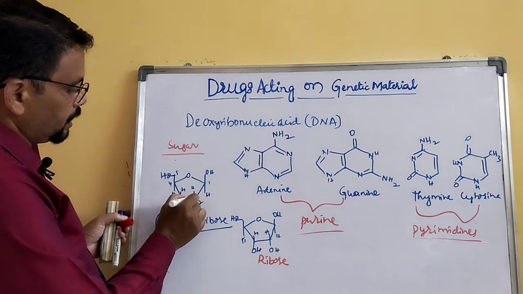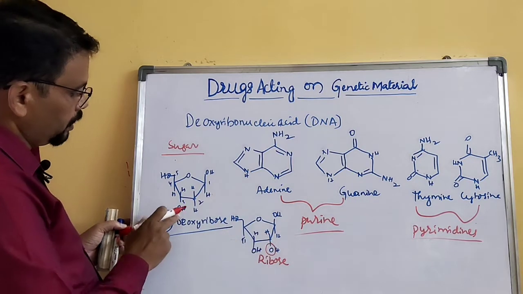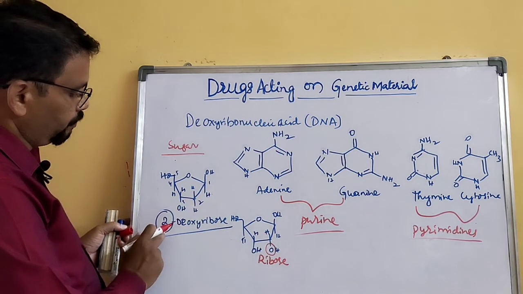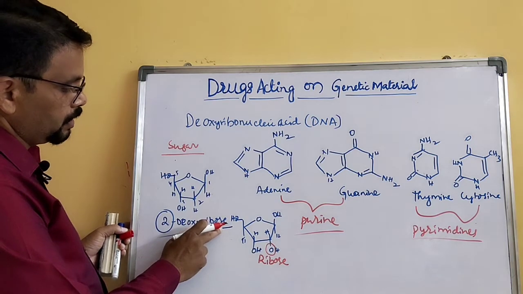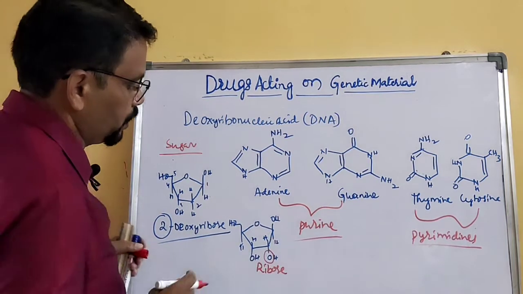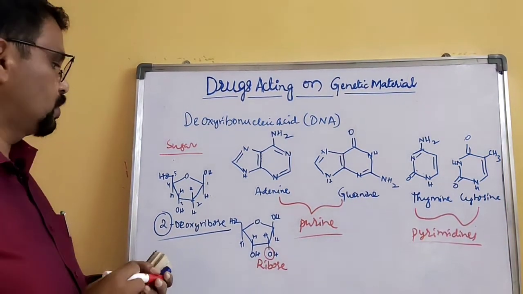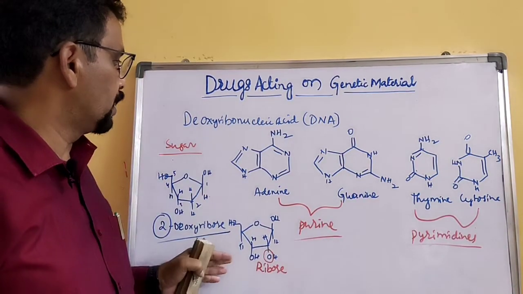That means at the second position the oxygen is removed in the case of DNA, therefore 2-deoxyribose nucleic acid. In RNA, the ribose sugar is present. So that is the difference between DNA and RNA.